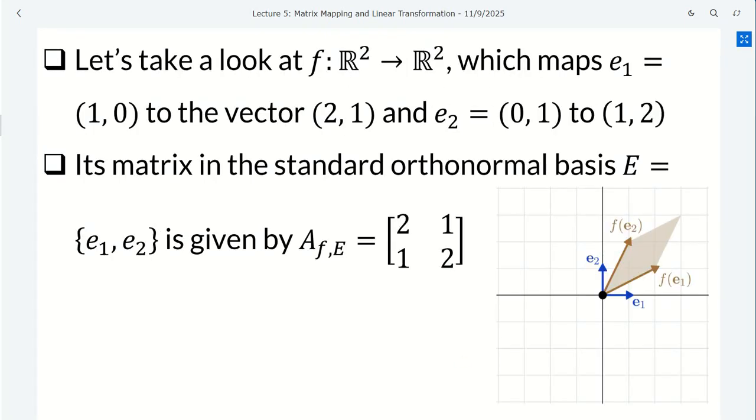Now I can also change the base. When you are applying a transformation, what is actually happening is that we are distorting the grid. We are distorting the grid.